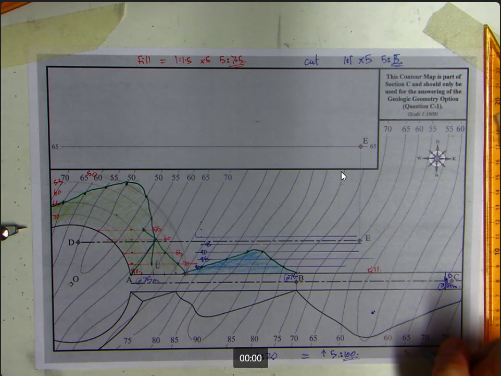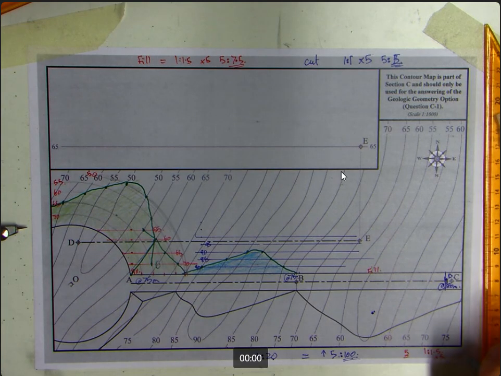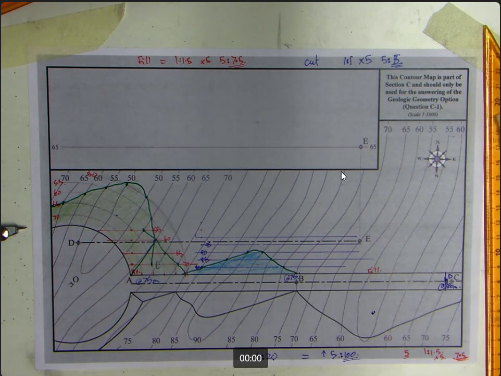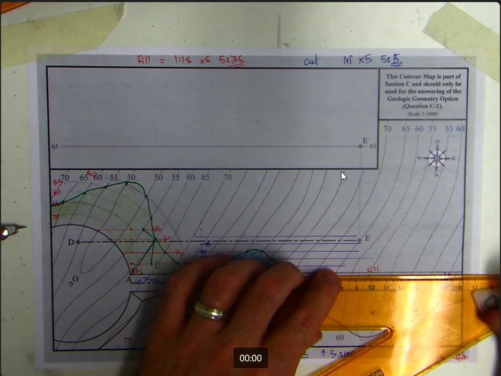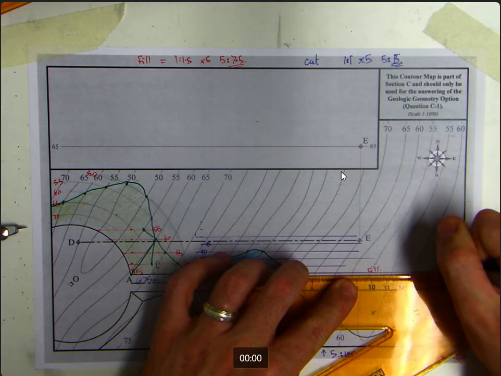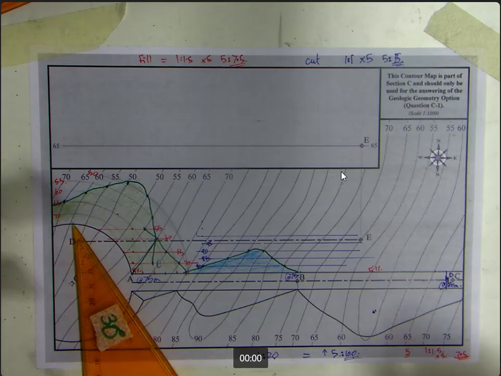Our ratio for our fill is 1:1.5, so we multiply that by 5, because that's the height difference, and therefore our arc is going to be 7.5 in radius. So we will step out by 7.5 and draw in our arc.